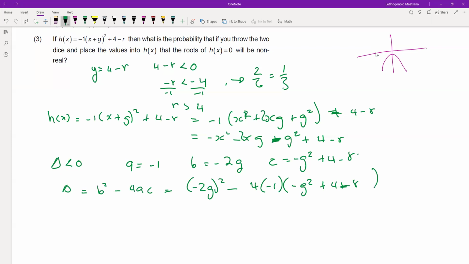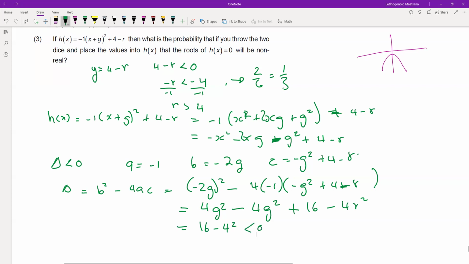Right, and this will then simplify to 4g squared minus 4g squared plus 16, and then we have a minus 4r. So we will then have here 16 minus 4r, and this must then be less than 0.